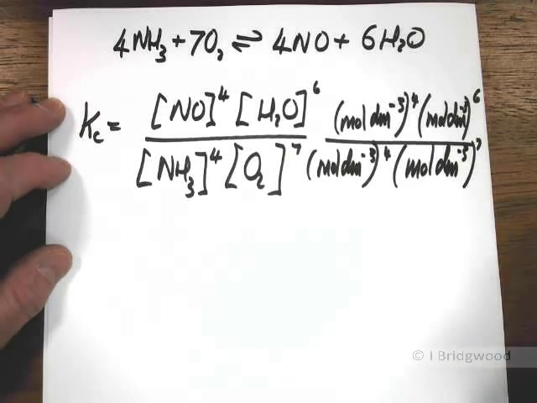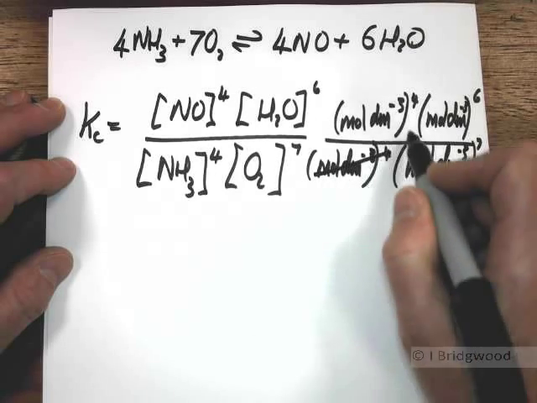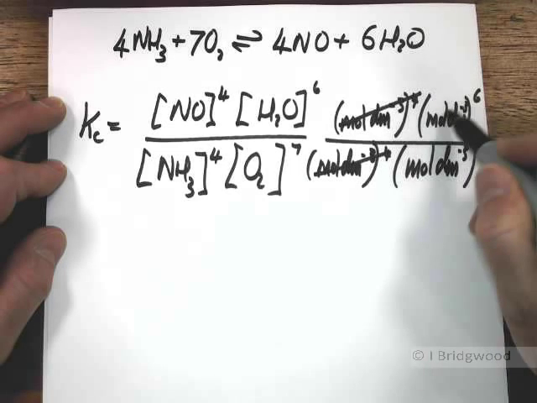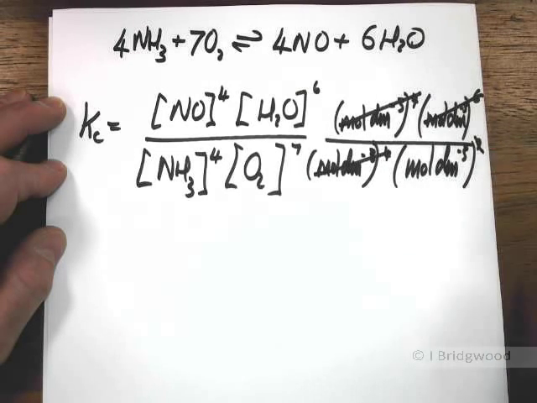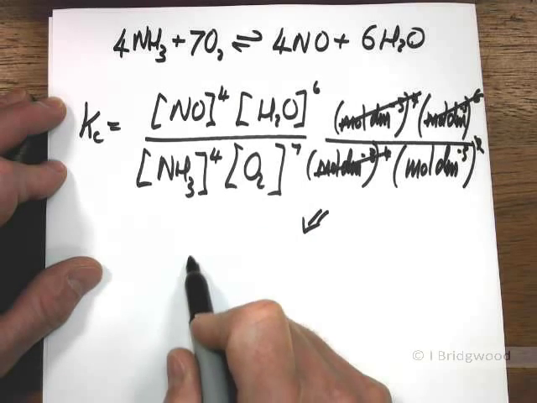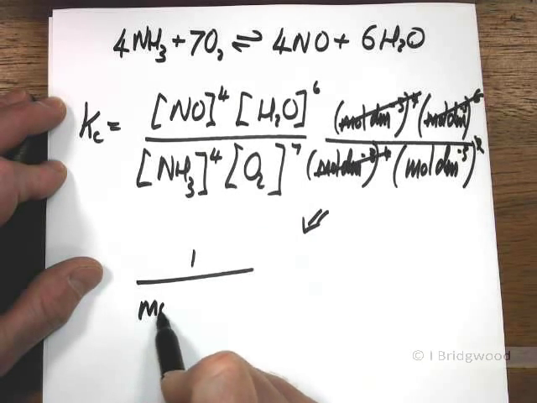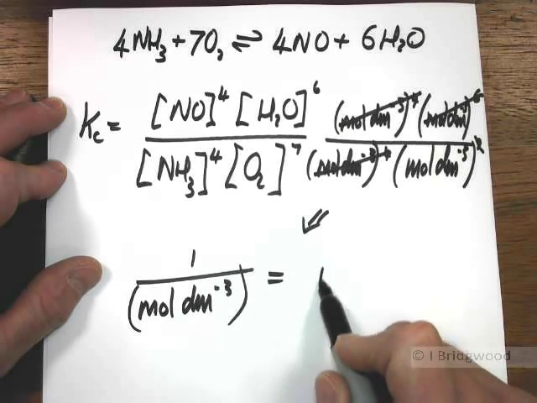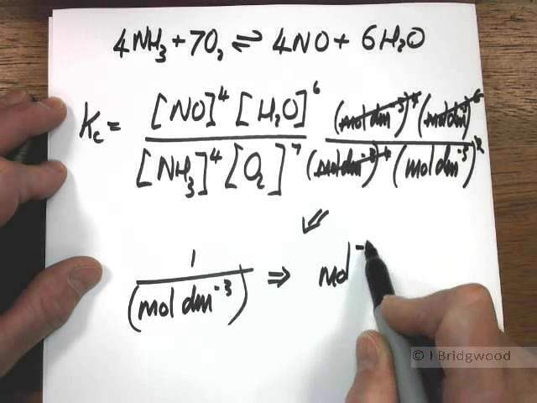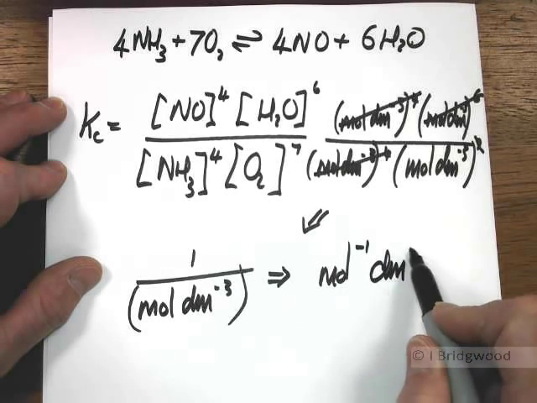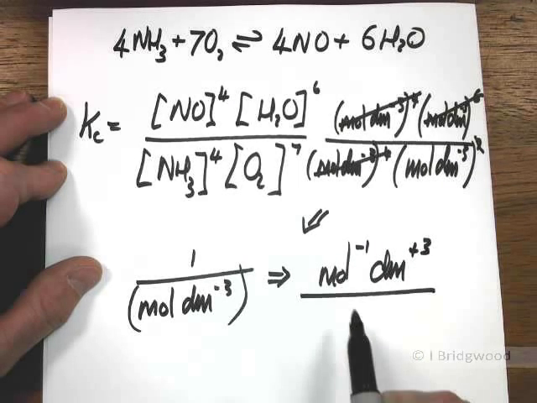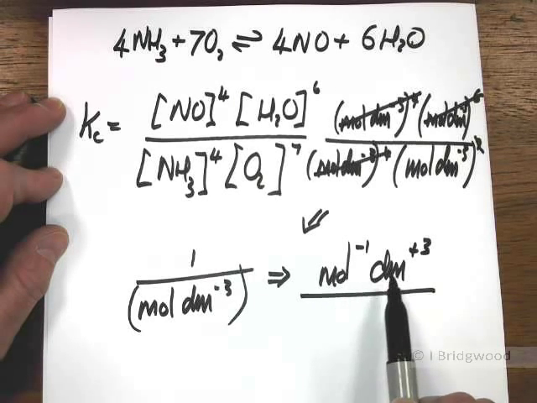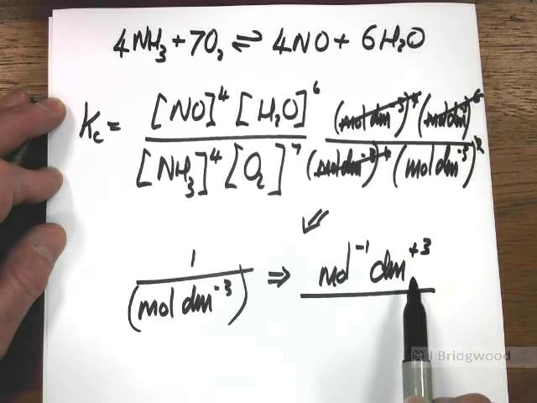So if we look at that, we can get rid of moles per cubic decimeter to the power 4 and moles per cubic decimeter to the power 4, and we can take moles per cubic decimeter to the power 6 and get rid of 6 of those, and that leaves us therefore with 1 over moles per cubic decimeter, which we can convert of course to mol to the minus 1, decimeters to the plus 3. Notice always when you've got these, you're going to have a 1 to minus 3 ratio of moles to cubic decimeters.